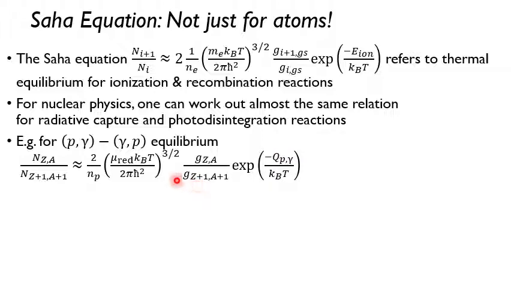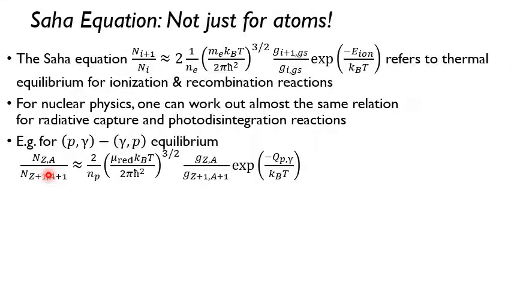Now, one thing you may notice is you might say, wait a second, for the atomic Saha equation, you have kind of the special thing on top and the normal one on the bottom. And here I have the nucleus that's going to do the proton capture on the top, and the one that has accomplished the proton capture on the bottom. So it might seem like these don't agree, or they're somehow flipped.